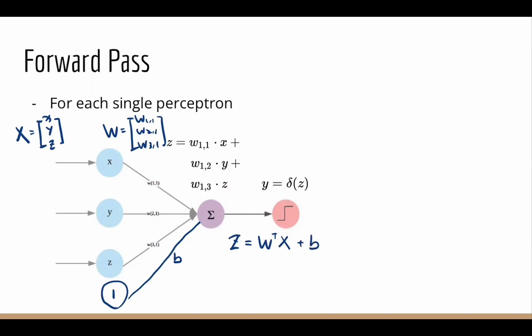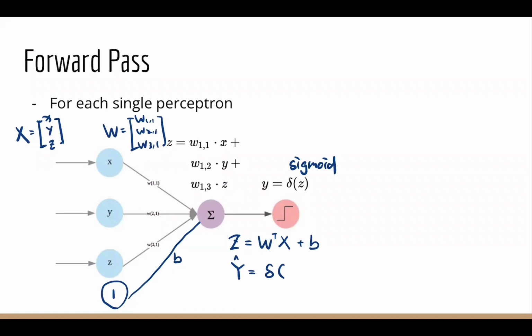The second operation is the activation. You can use threshold, ReLU, or any activation function you want, but here we want to use sigmoid. After the activation, we get the output y hat, the estimated output.